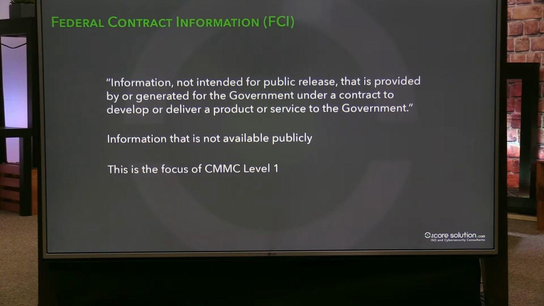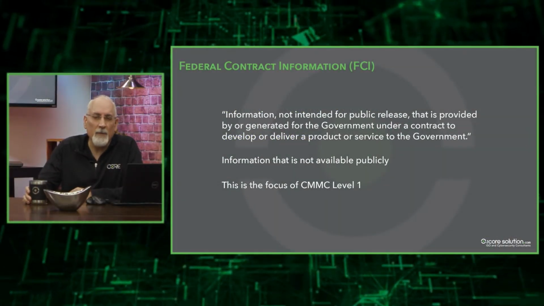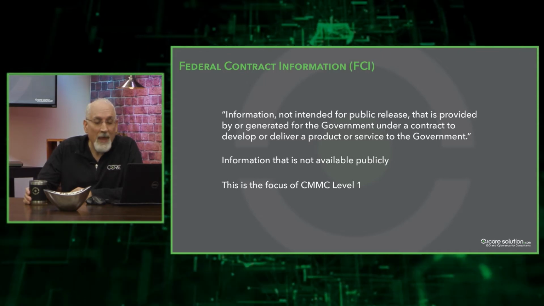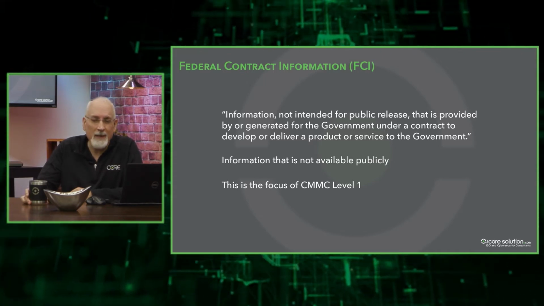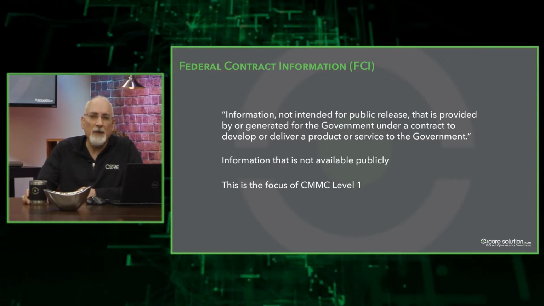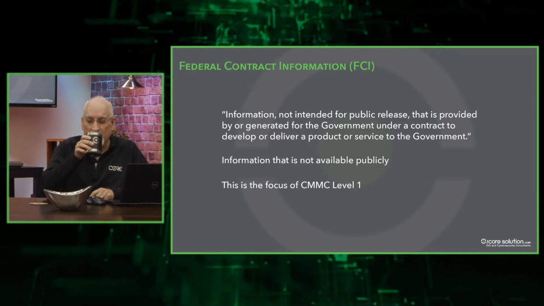So all the contractual information that's exchanged during the proposal phase, the RFP phase, the award phase, and all the information to maintain that contract that is sent by the government or by your organization to your customer, that information is what we're talking about protecting. It's not necessarily technical, it's more contractual, but all that information is being protected through CMMC Level 1, excuse me.